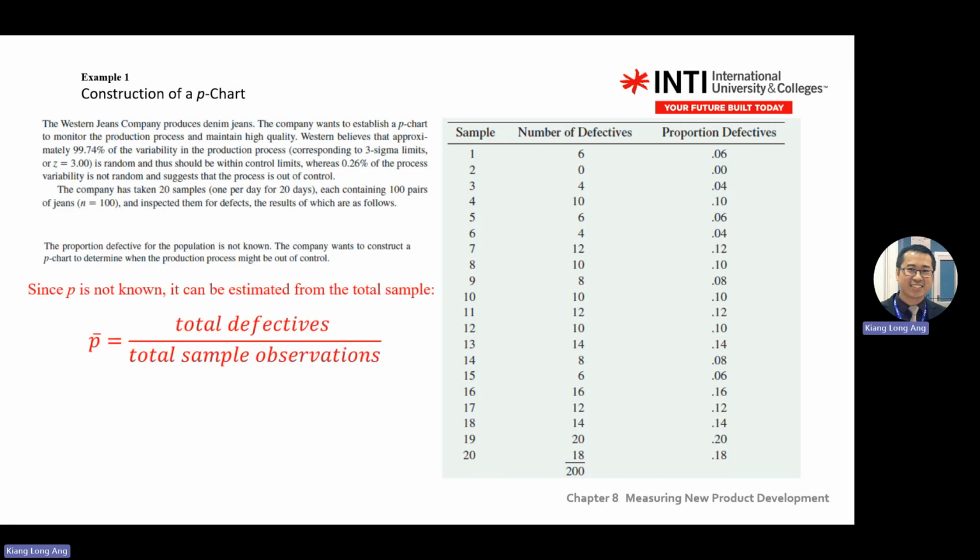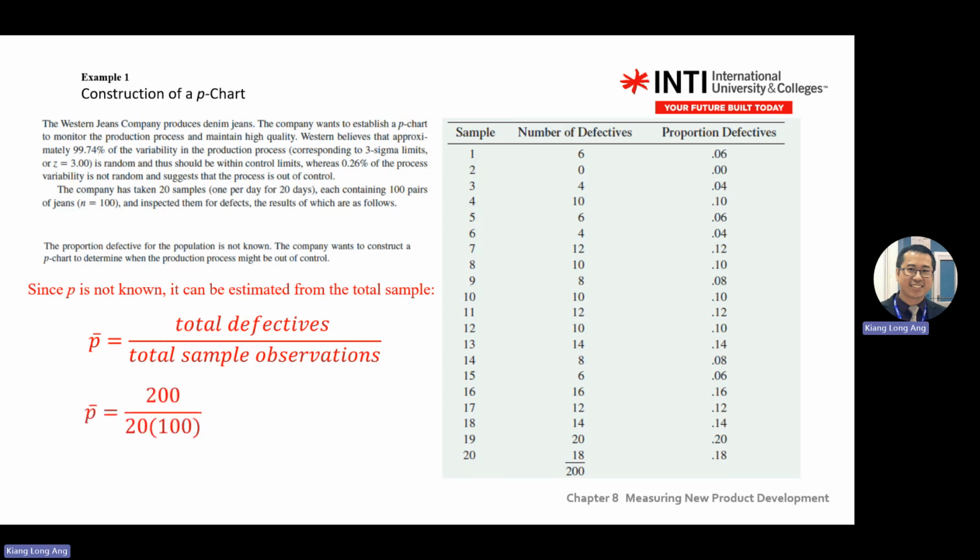So P is unknown. You find the average P because you need to find the sigma. Sigma is the square root of P average, bracket 1 minus P, divided by n. So you use this formula: total defects divided by total samples of observation.